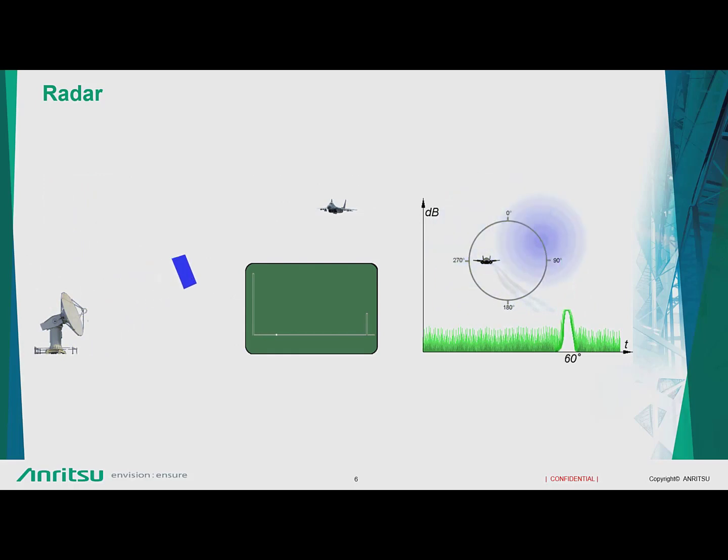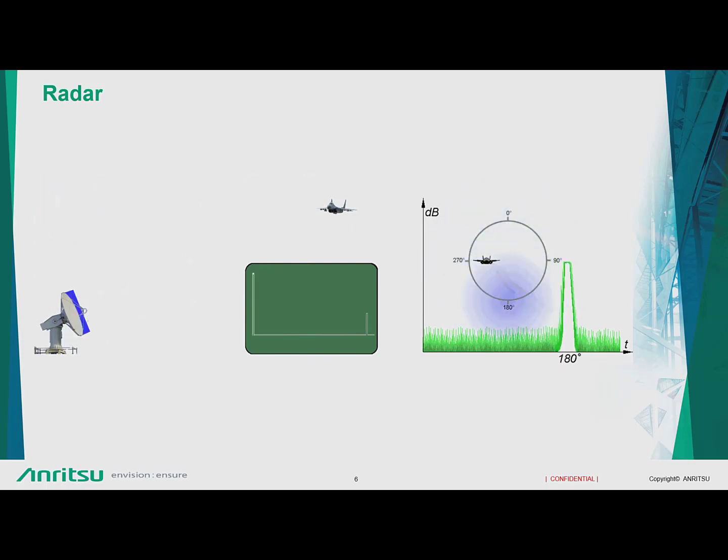Based on the azimuthal and the elevation angle, you could see that the amplitude of the reflection coming back becomes higher when that particular dish is looking towards that object. So these are the basic principles of radar. This is how ranging and detection is done in a radar.